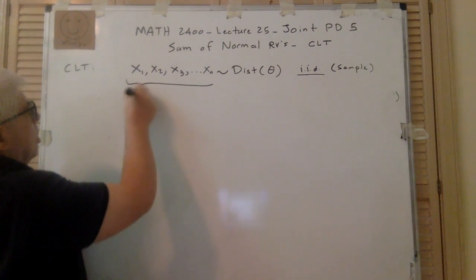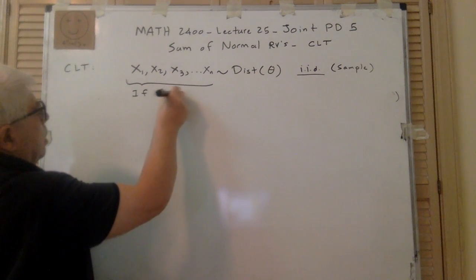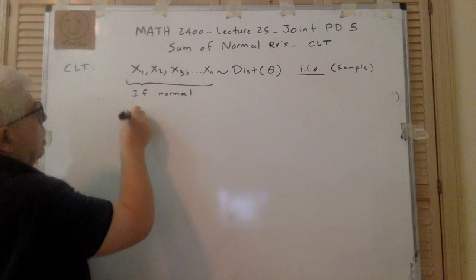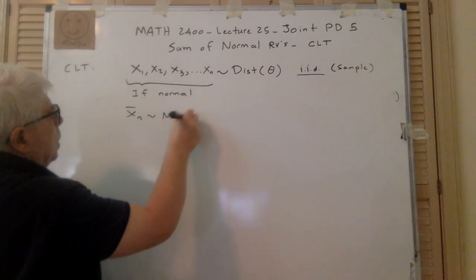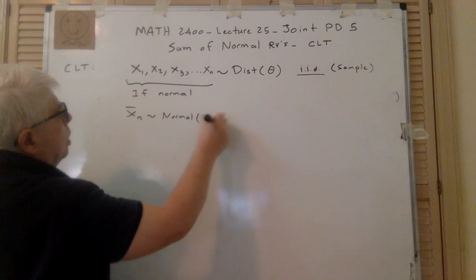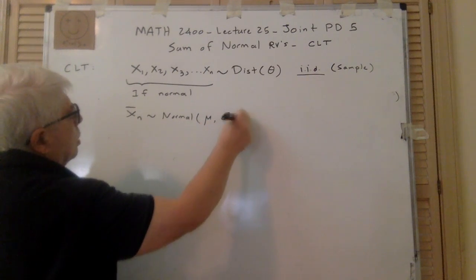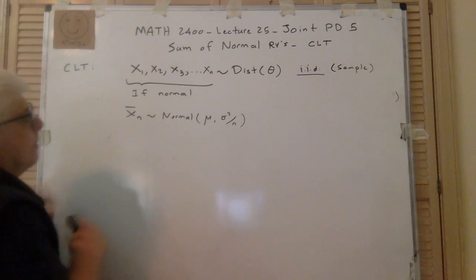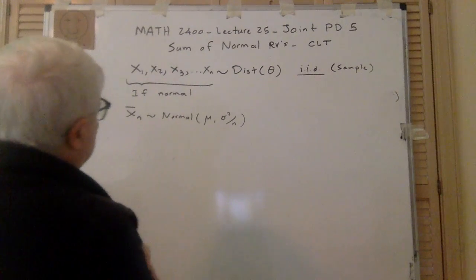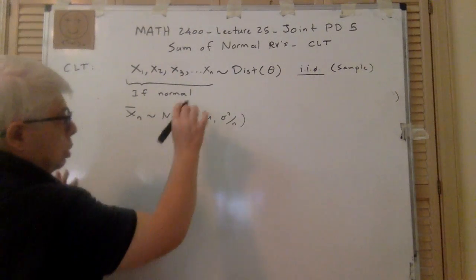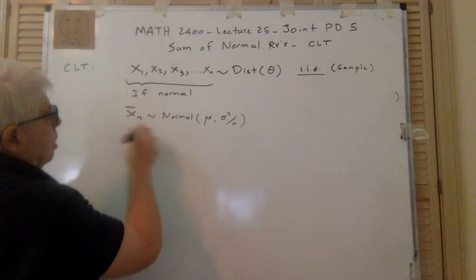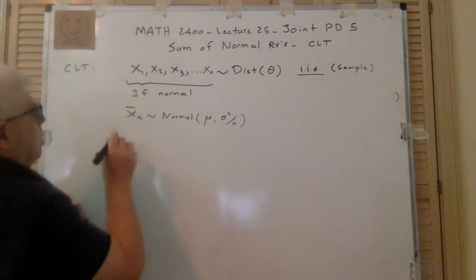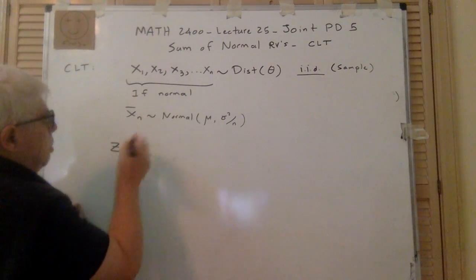If that was normal, then the x bar n was normal with mu and sigma squared over n, right? So this is not normal. If normal, this is important. If normal, but they are not normal. So they can be, but not necessarily.